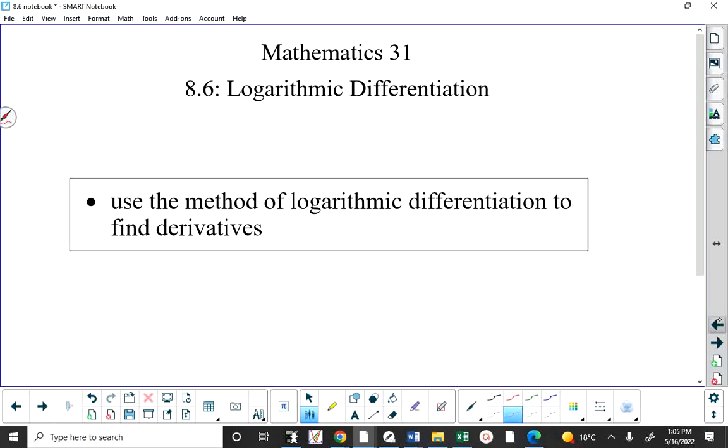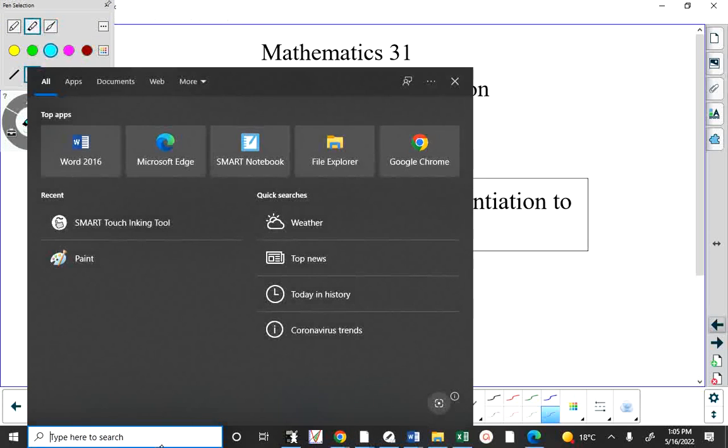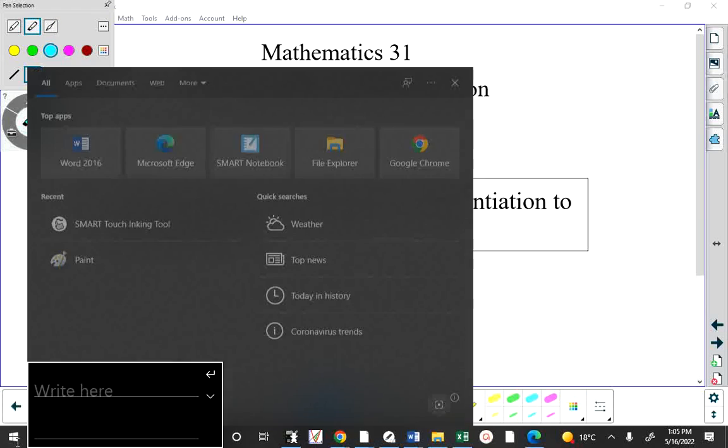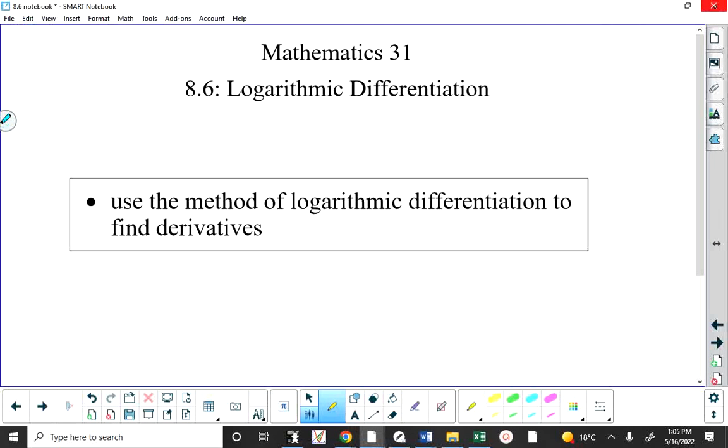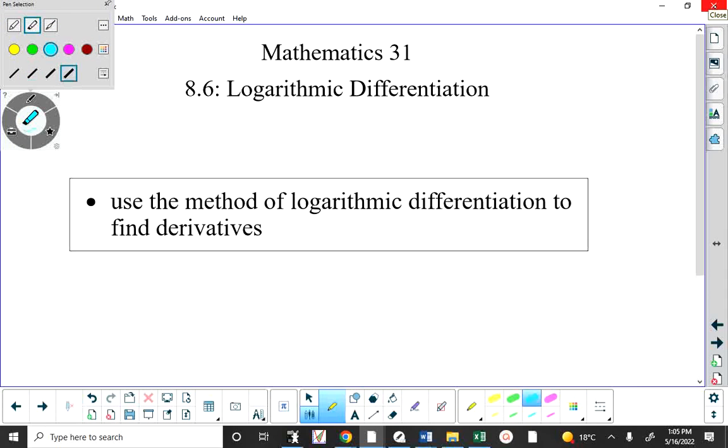This phrase, logarithmic differentiation, everybody, refers to a technique of differentiation. It's not a rule.